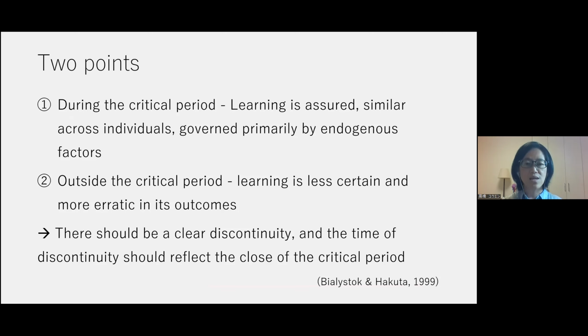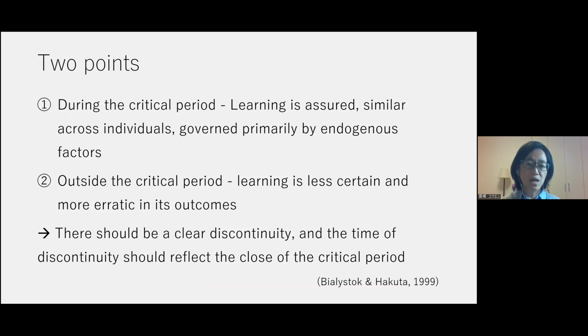And this learning is governed primarily by endogenous factors. So it's a natural inborn, it's in our DNA that during a certain period we are very, very sensitive to any environmental stimulus, and we learn the best in this period.